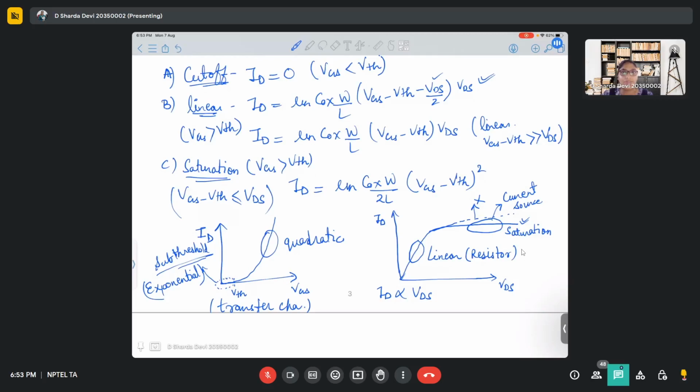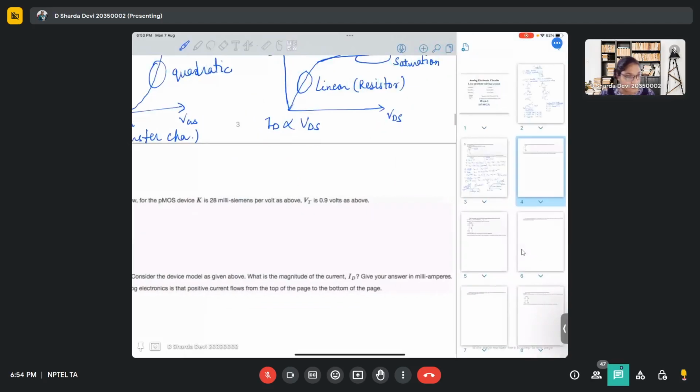You don't want any influence because of your VDS. So the idea for designing your amplifier also comes from that. You want to use your transistors as your ideal current source.